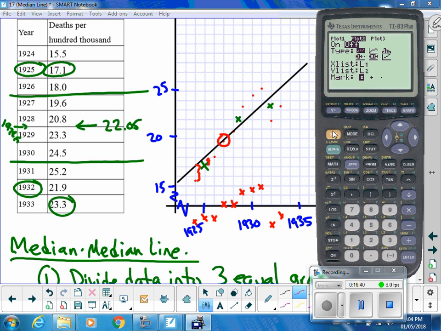My residuals were in L3, so second and 3 changes it to L3. I'll change the symbol so I can see them a bit better. Finally, to display it all, I'm going to press the zoom button and then go to zoom stat.